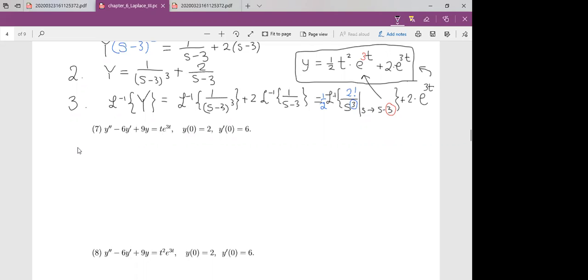Now that the left-hand side is the same, let me skip the details, but quickly write the result. So your left-hand side is going to be s minus 3 squared times capital Y. Oops.